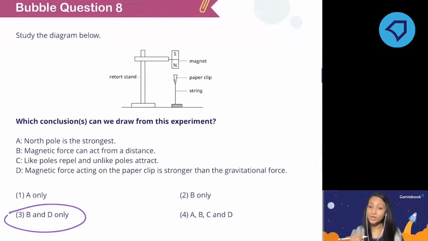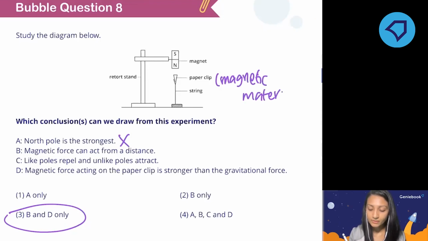The answer is number 3 because this experiment doesn't prove that the North Pole is the strongest. How can you tell? It doesn't prove anything. You can switch it and put it at South Pole, and it can still attract, because paperclip is a magnetic material. It gets attracted even if it's on the South or North Pole.